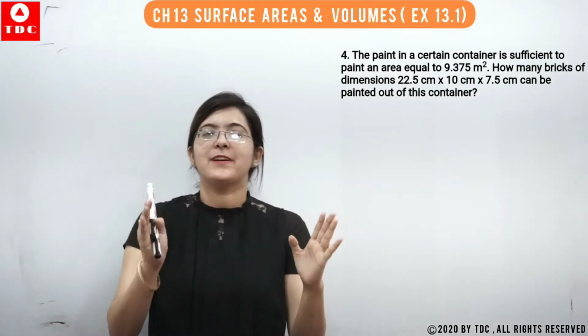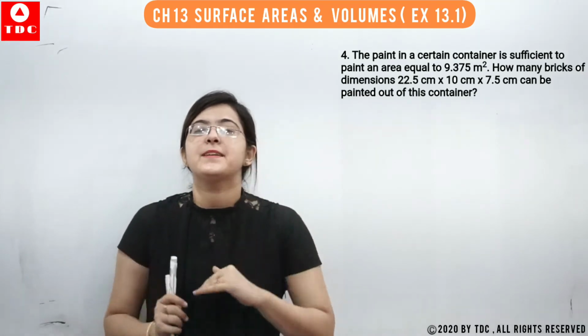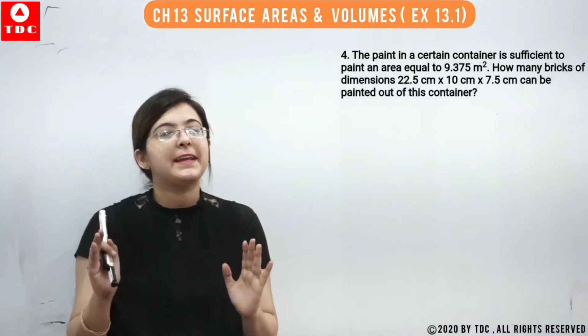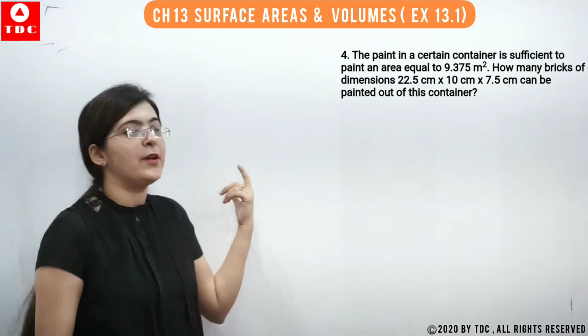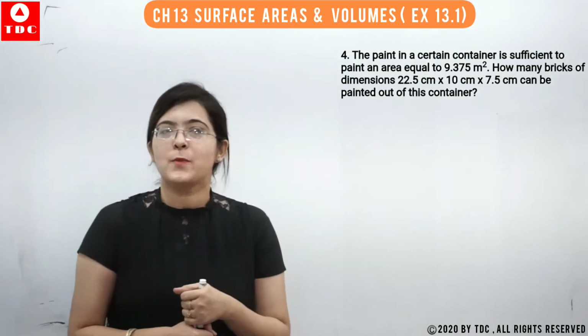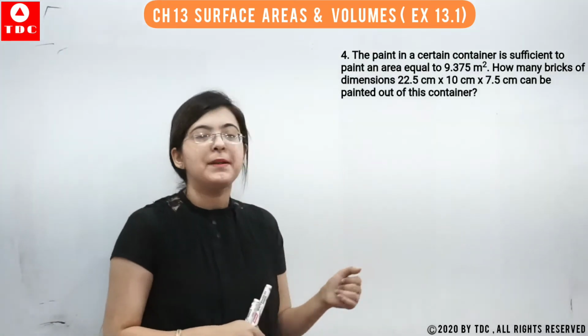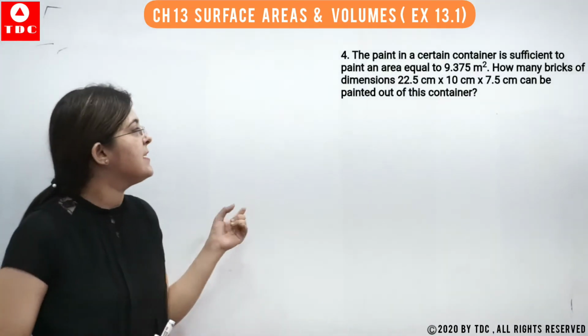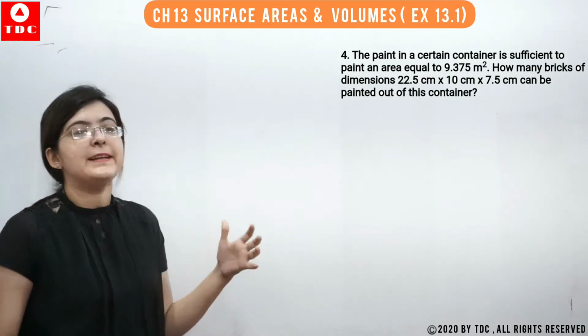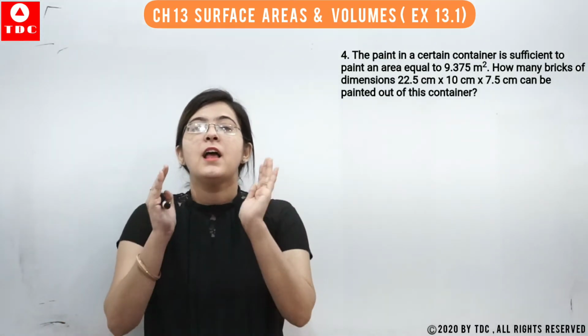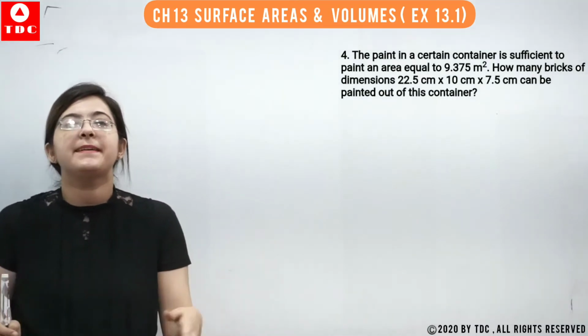That means we have a container in which paint is filled, and it can paint up to a total area of 9.375. Note, it is given in meter square: 9.375 meter square. So we need to calculate how many bricks could be painted with that container.